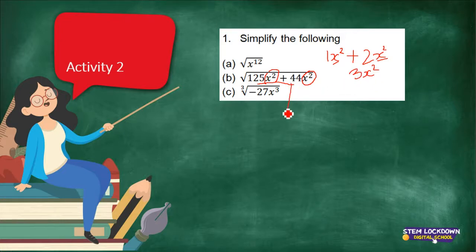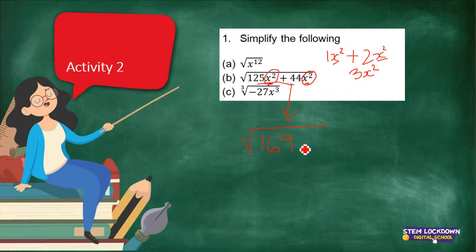Okay, let's redo this one here. So square root of, use your calculator. What is 125 plus 44? My answer was 169. Obviously, they're the same name, like Jones plus Jones, you have 2 Jones.